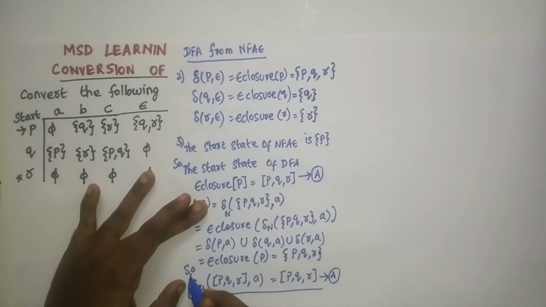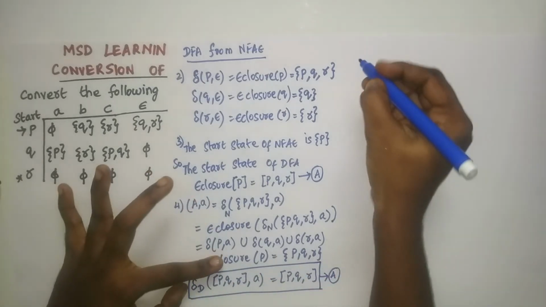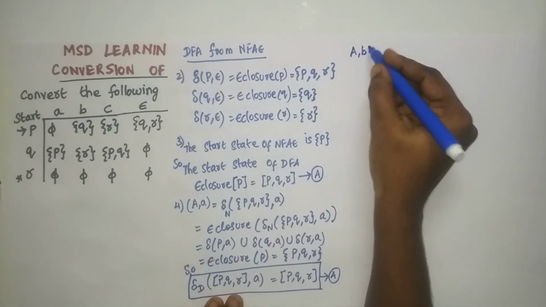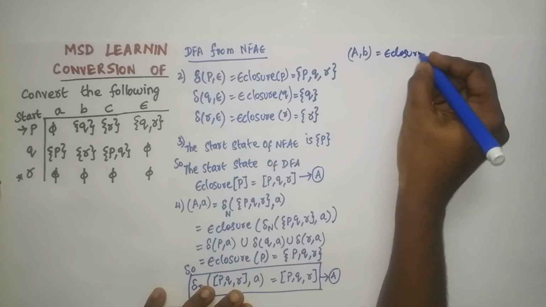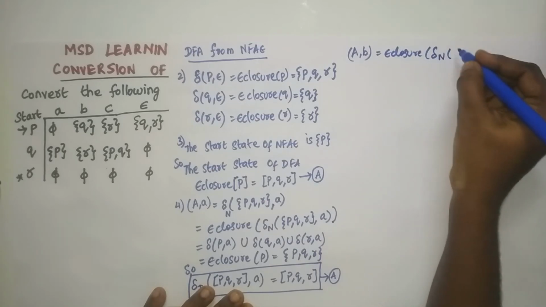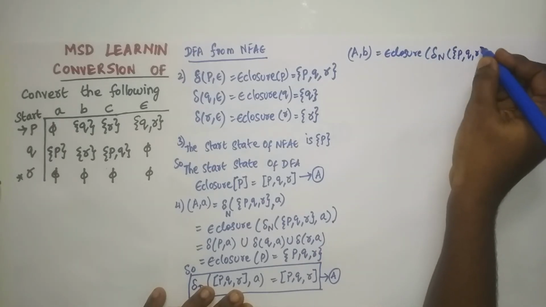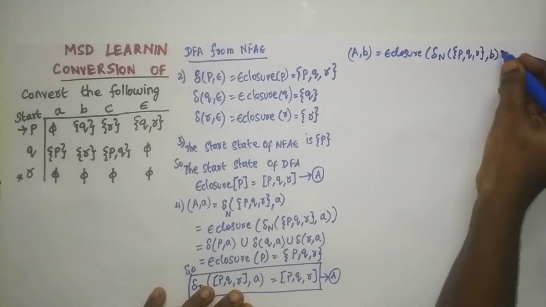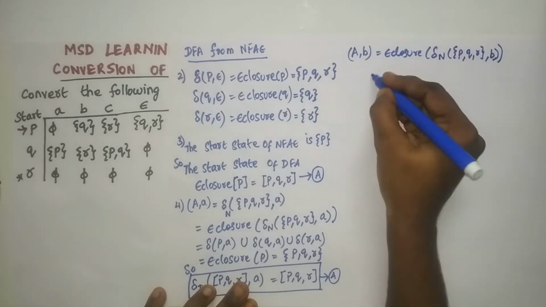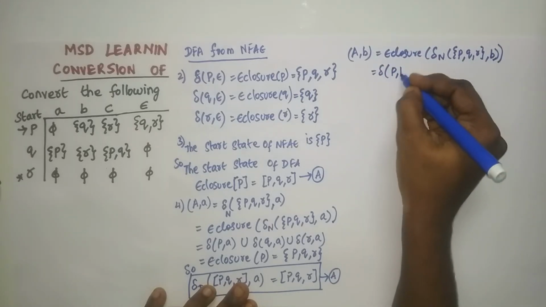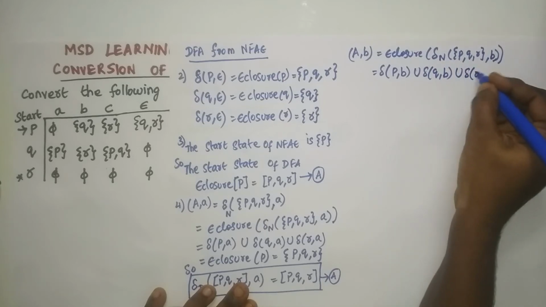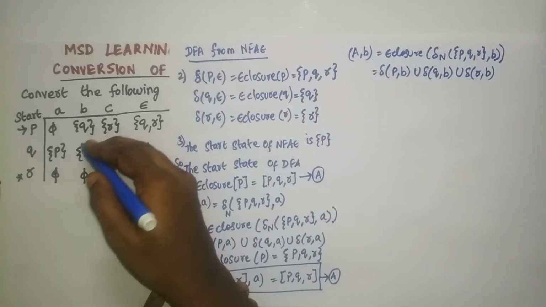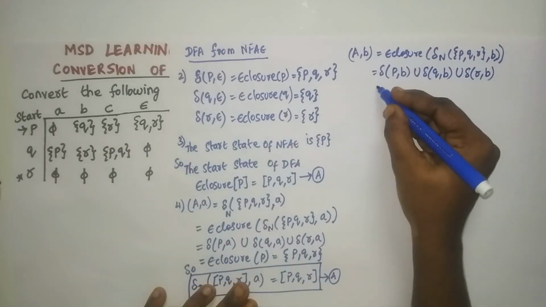So now we have to make the next, A comma B. So here capital A, comma B will be equal to epsilon closure of delta N of P, comma Q, comma R, comma B. So this will be equal to delta of P, comma B union delta of Q, comma B union delta of R, comma B. So P, comma B is Q, Q, comma B is R, R, comma B is empty.